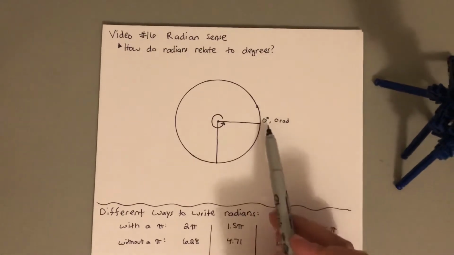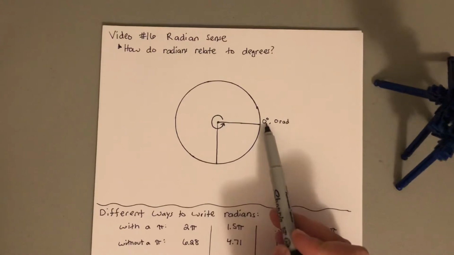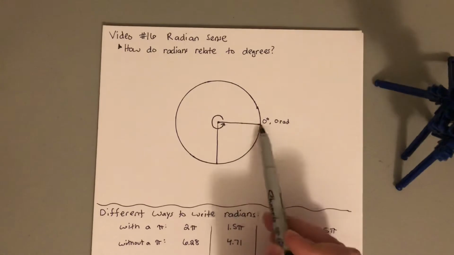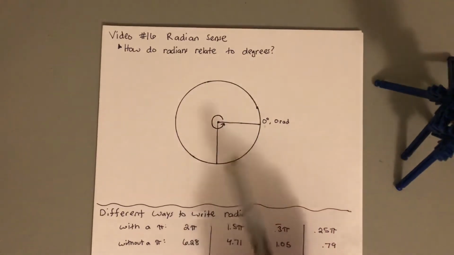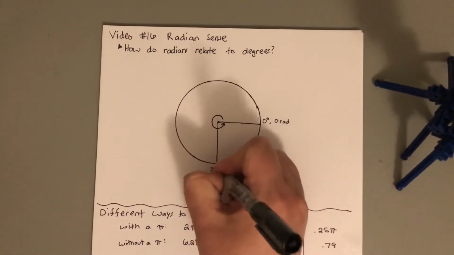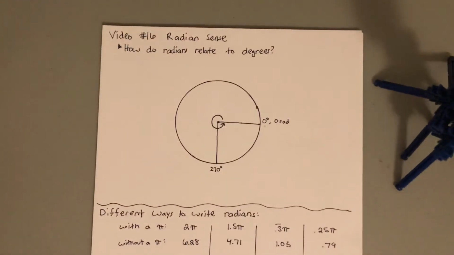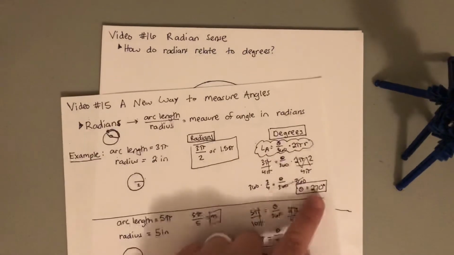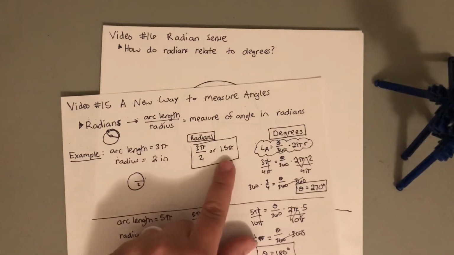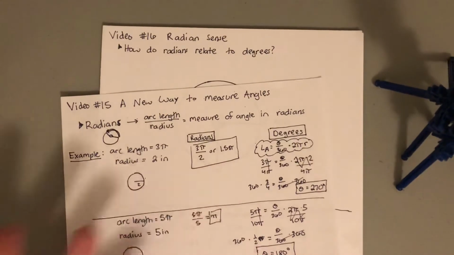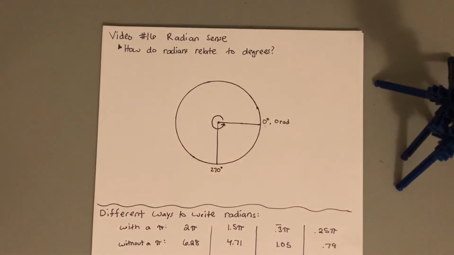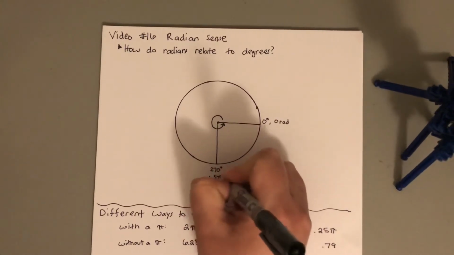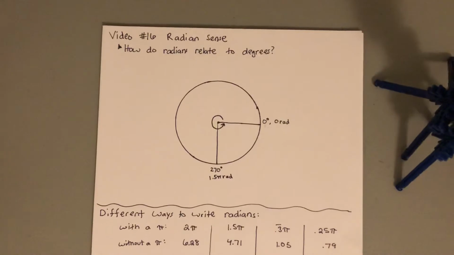Okay, so if we start here, we know that 0 degrees is also 0 radians. So that's at the beginning. And then from there, you go all the way around, and we are at 270 degrees down here. Because of what we figured out in the last video, we know that 270 degrees is the same as 1.5 pi or 3 pi over 2. So I'm going to write 1.5 pi radians.